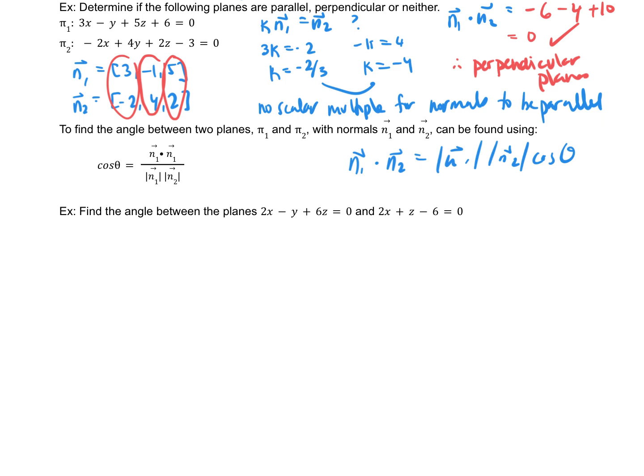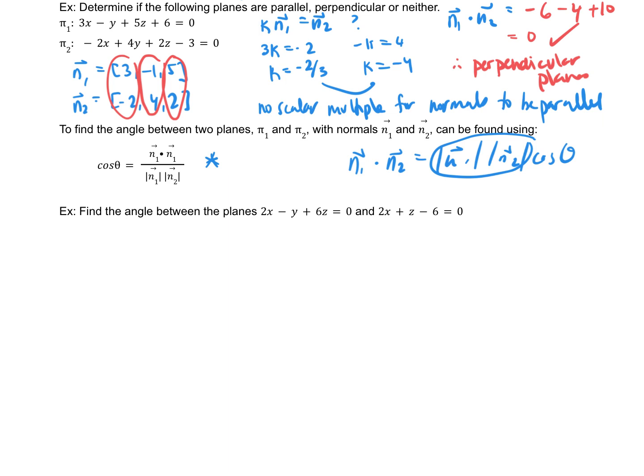So if we wanted to isolate for cos theta, we divide both sides by the magnitudes to get this little formula. We've used it in the past to find angles. So if we want to find the angle between two planes where they intersect, then we can just do the dot product, divide by the magnitude of the normals, and then take a cos inverse.